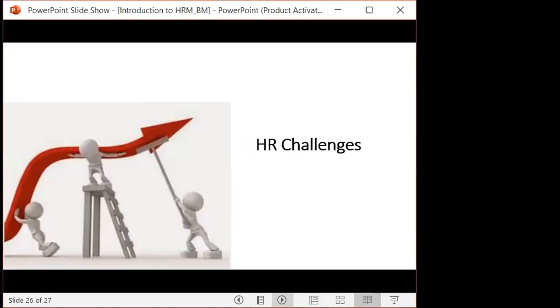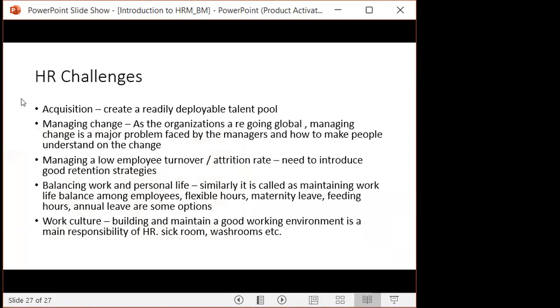So now we are going to discuss the HR challenges that HR people are facing today. There are a few. First one is acquisition, right? That means acquiring talent, building up the employees, or interviewing employees. You all know how many vacancies exist in an organization.